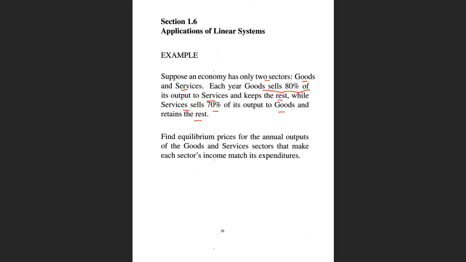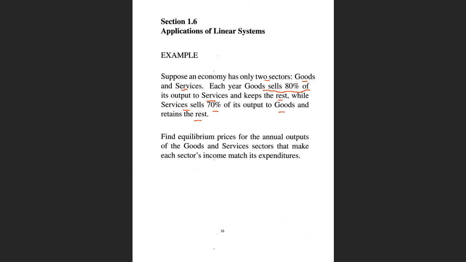Okay, so goods sells its output to services. Services like plumbers, electricians, mechanics, they all make use of goods in their business, right? When they repair things, they have parts, things like that. So goods sells 80% of its output to services.